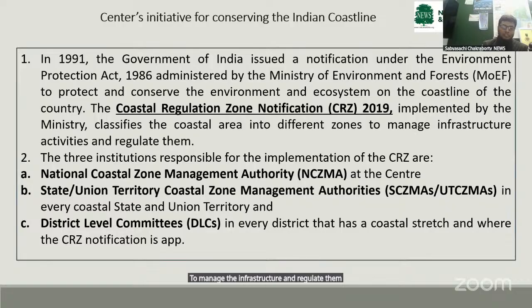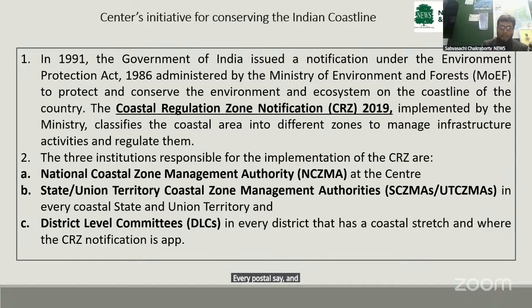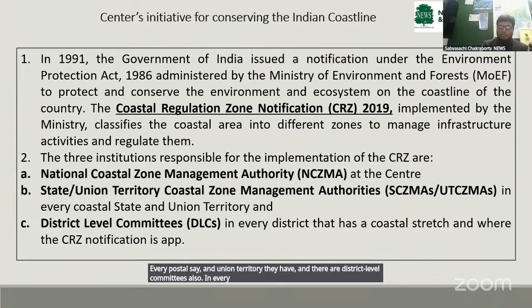Three institutes are responsible. The National Coastal Zone Management Authority is at the center. Every coastal state and union territory has its own coastal zone management authority, and there are district level committees in every district that has a coastal stretch.